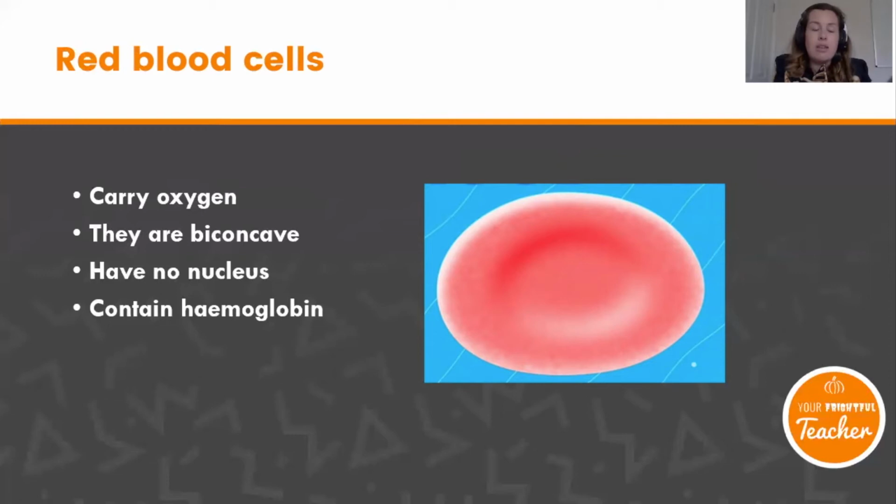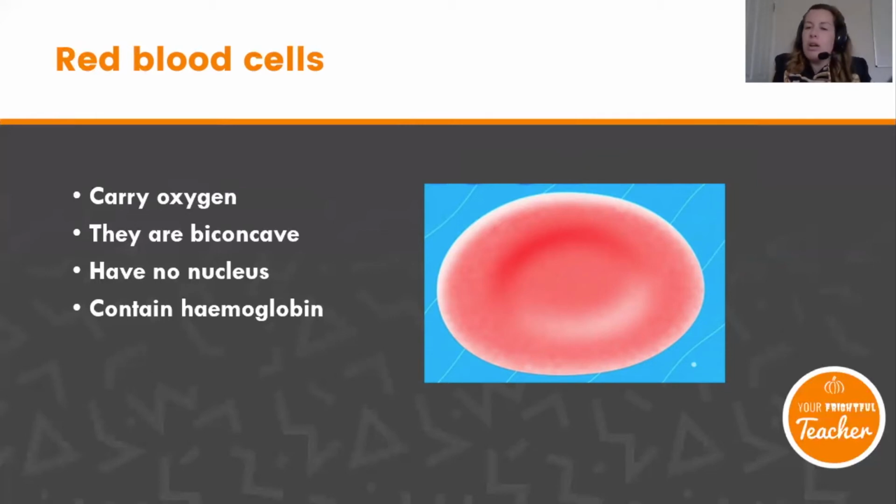And the way that red blood cells carry oxygen is with a compound called hemoglobin. So hemoglobin is a protein with some iron in, and that is what carries the oxygen. So your red blood cells will be full of hemoglobin, so it can carry lots of oxygen.